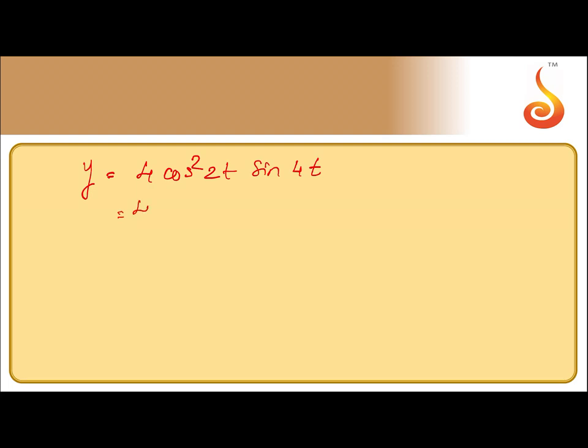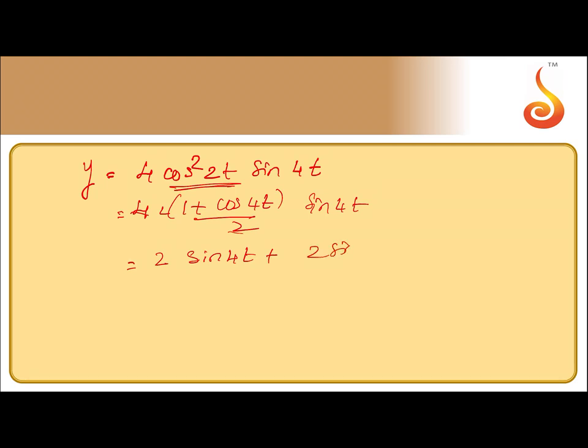Let us simplify it further. 4 into this cos square 2t can be written as 1 plus cos 4t divided by 2 into sin 4t, of course. That is 2, these two cancel, 2 sin 4t plus 2 sin 4t cos 4t.